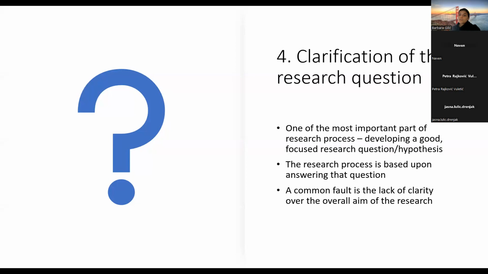The most common mistake is the lack of clarity over the overall aim or the question of the research. Why is this important, the clarity? You have to be specific, and you have to have a focused and not too broad research question, because if you don't, you may end up doing some research that you will not be able to conduct to the end.